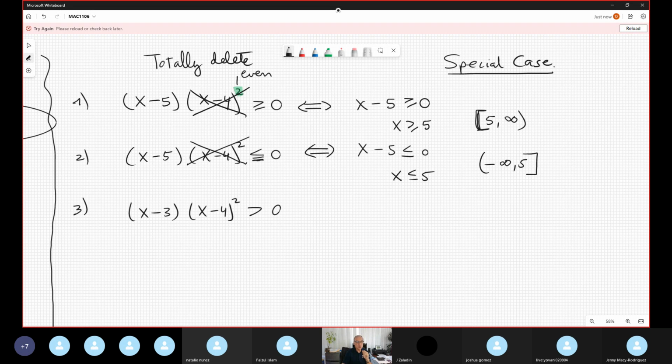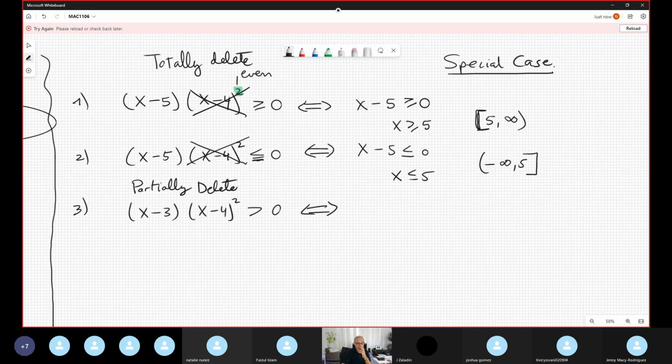So in this case, you don't totally delete, you partially delete. Why partially delete and not totally delete?